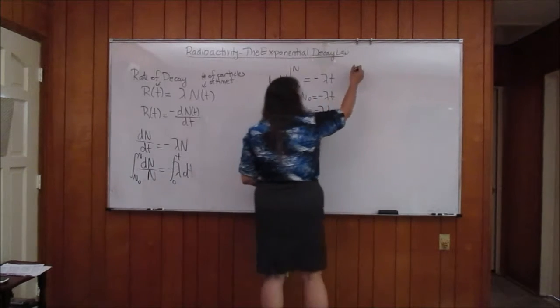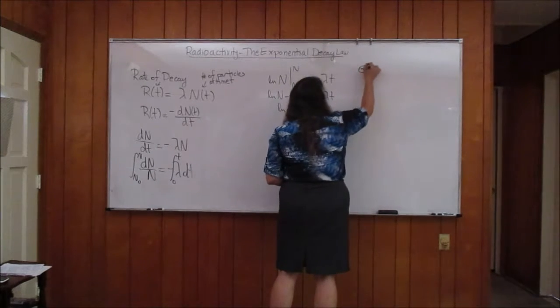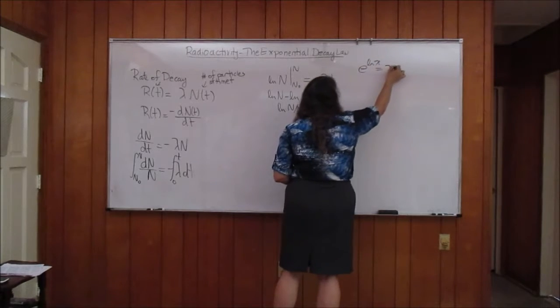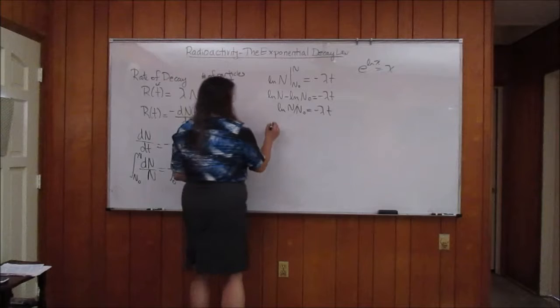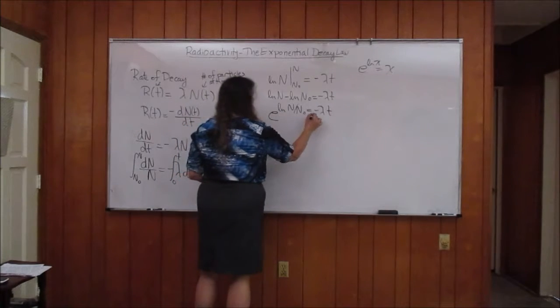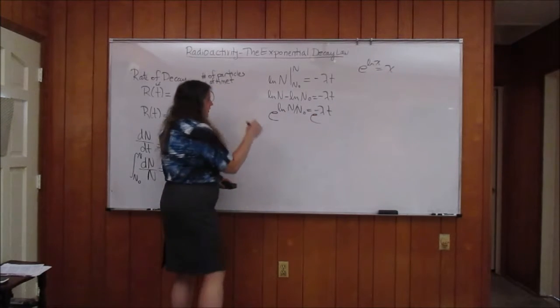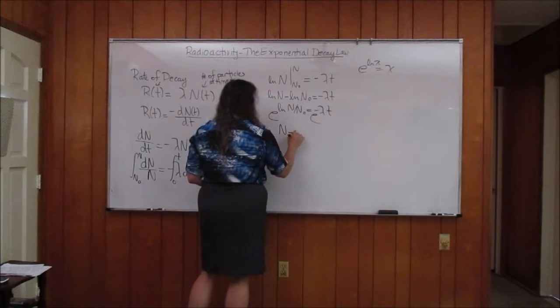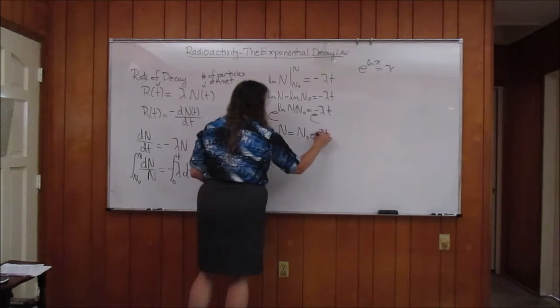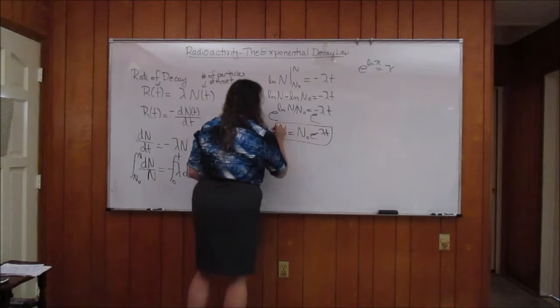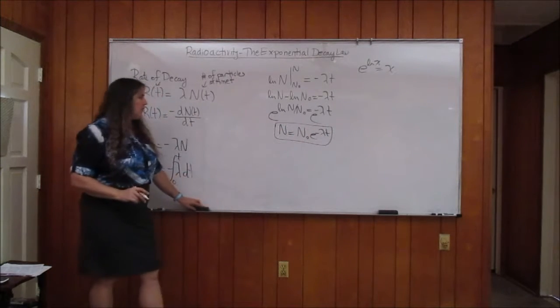And remember, another property of exponentials and natural logs: if I take e to the natural log of x, that's just equal to x. Write a big E under each of these. So this becomes N is equal to N naught e to the minus lambda t. And that's your exponential decay law.